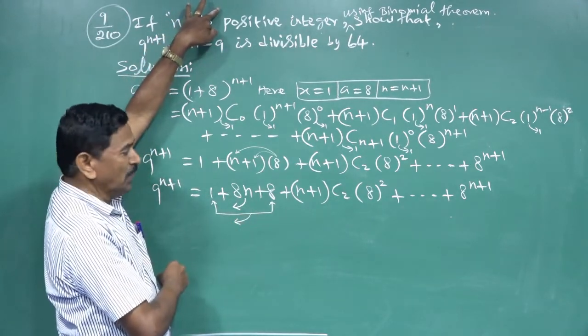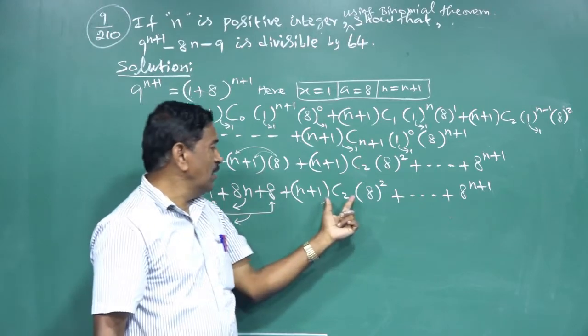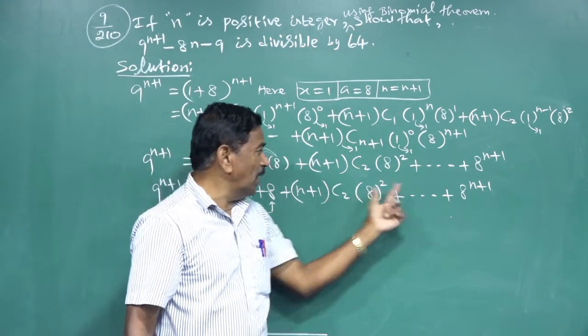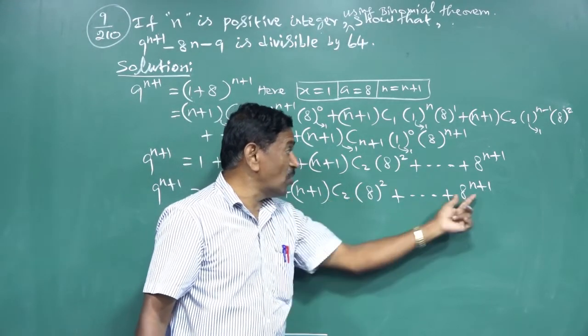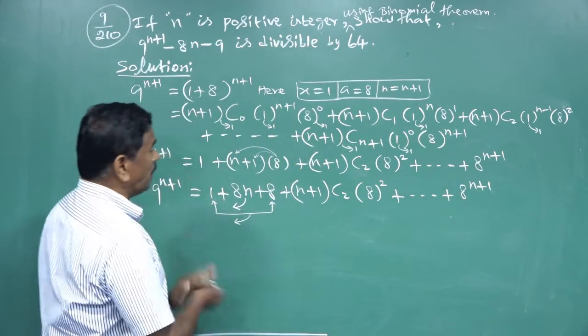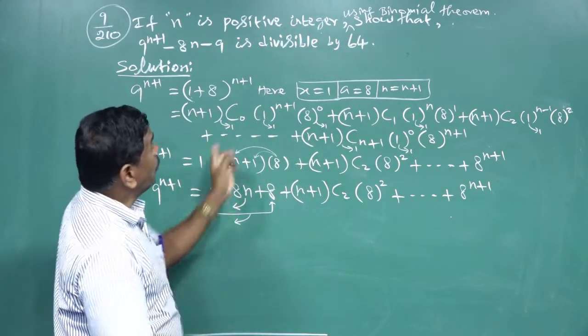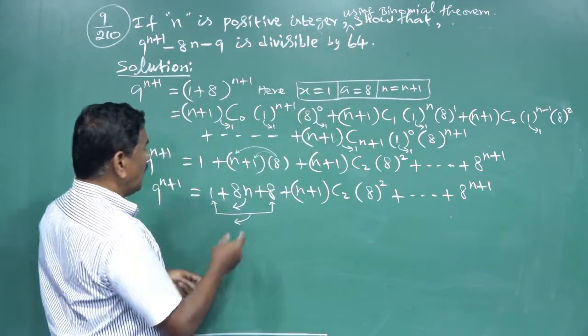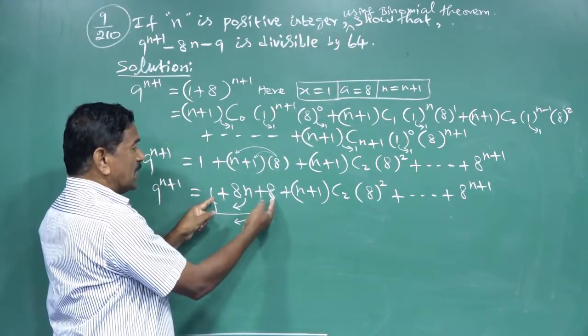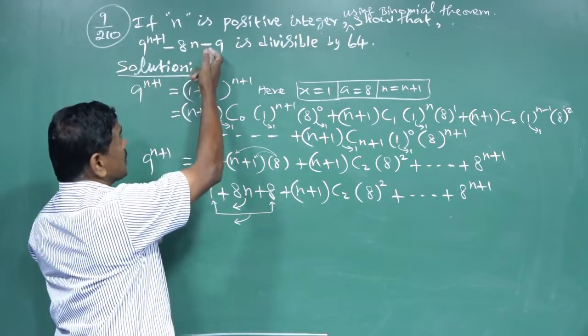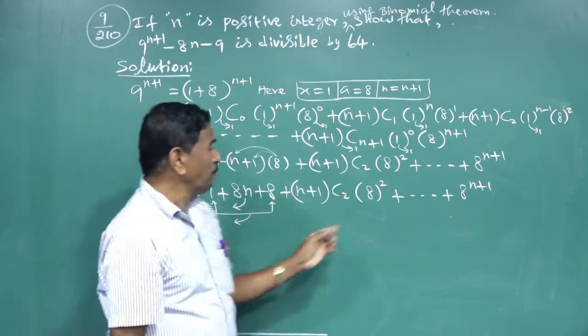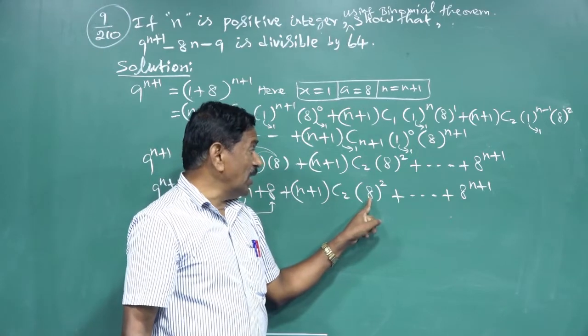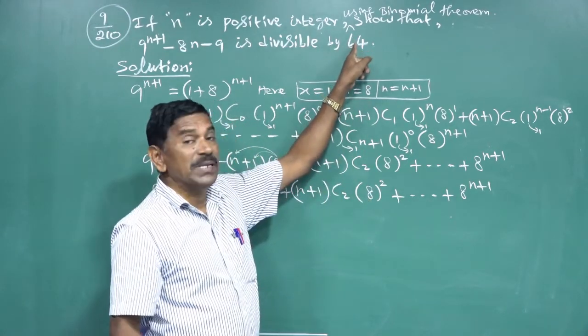Remaining is the third term, plus etc., and the last term. That is only remaining. And we want to prove it is divisible by 64. So that is why 8n comes to the left side, and 1 plus 8 equal to 9, 9 comes to the left side, because of the question. And the remaining 8 square, we want to make multiples of 64.